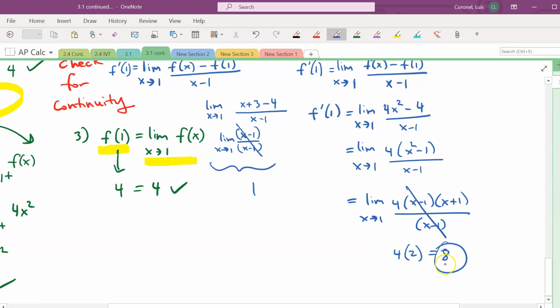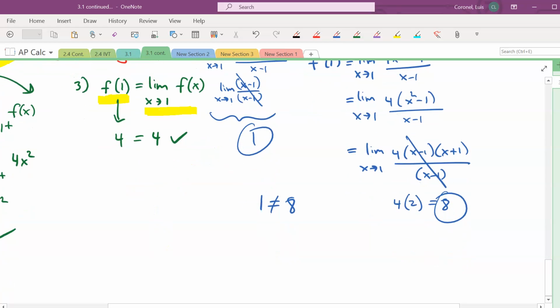8 is not the same derivative as 1. The derivatives are different. So the conclusion, since the derivatives are different, f is not differentiable at x equals 1. We were checking the connection at 1.